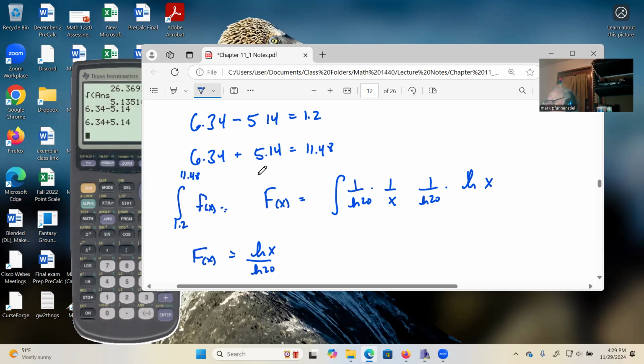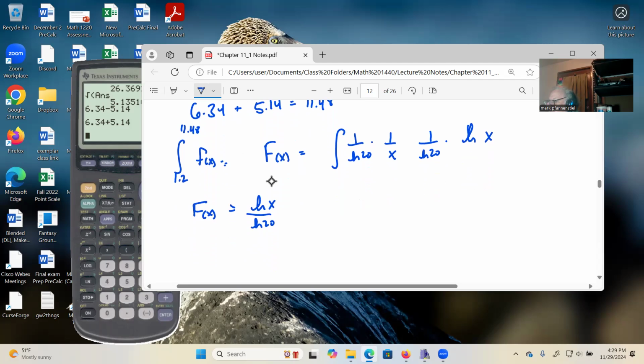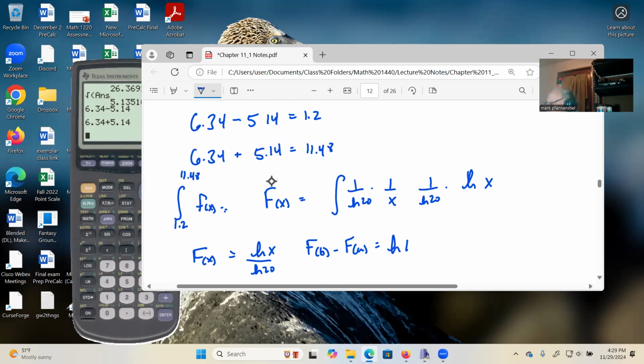So in order to figure out the probabilities here, we want capital F of b minus capital F of a. This is going to be the natural log of, what's my big number? It's 11.48, over the natural log of 20, minus the natural log of 1.2 over the natural log of 20.